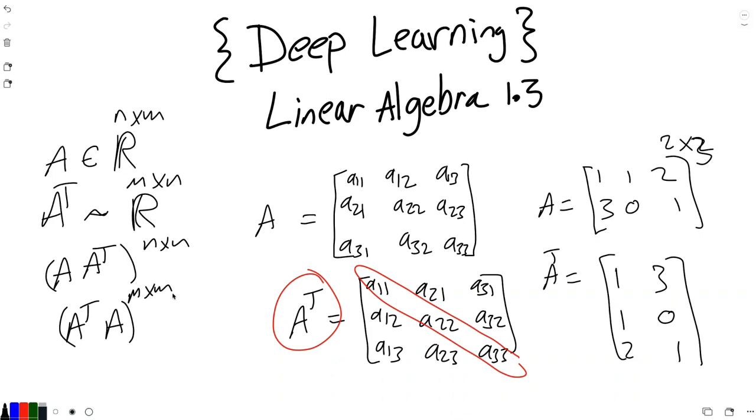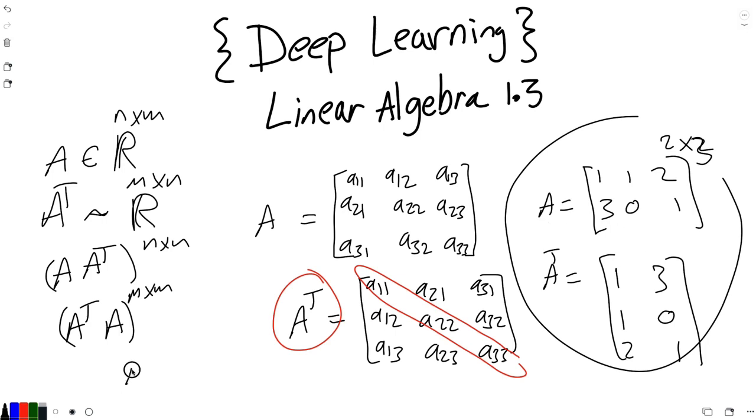Okay, so if we apply this to this example, we multiply A times A transpose. Of course, because A is 2 by 3 and A transpose is 3 by 2, the result will be a matrix with dimension 2 by 2. For the elements, this is the multiplication of matrices, you multiply row by column.